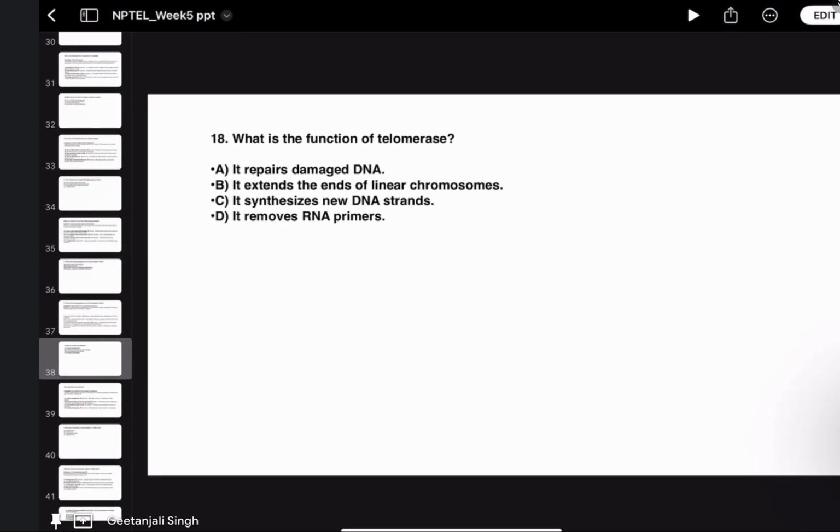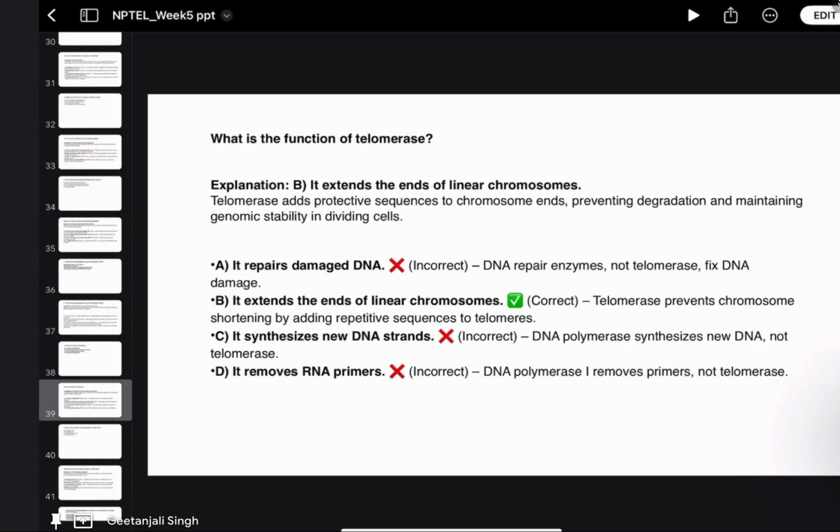Yes, the correct answer is B. Telomerase adds a protective sequence to chromosome ends, preventing degradation and maintaining genomic stability in dividing cells.